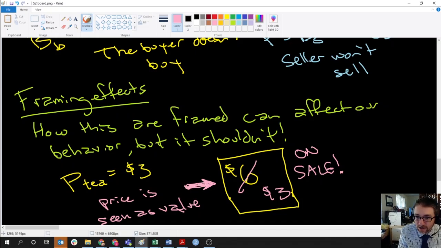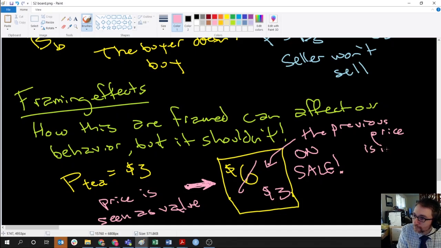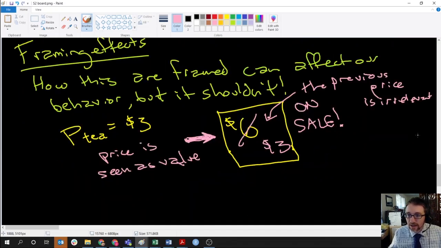If the benefit to me is $3 or higher, then I should purchase it. If it's lower than $3, I shouldn't purchase it. And this $6, from a purely rational perspective, the previous price is irrelevant. All that matters is whether at the current price the benefit is sufficient to me to purchase it.